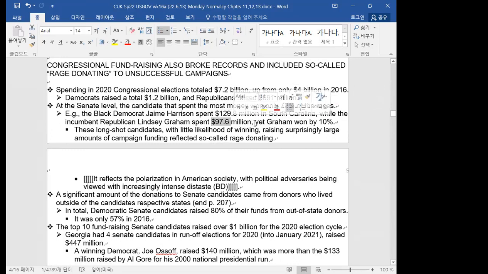And the media was saying, maybe Jamie Harrison could do this, that Lindsey Graham is vulnerable, yet Graham still won by 10 percentage points. Harrison is now, I think, the chair of the Democratic National Committee.